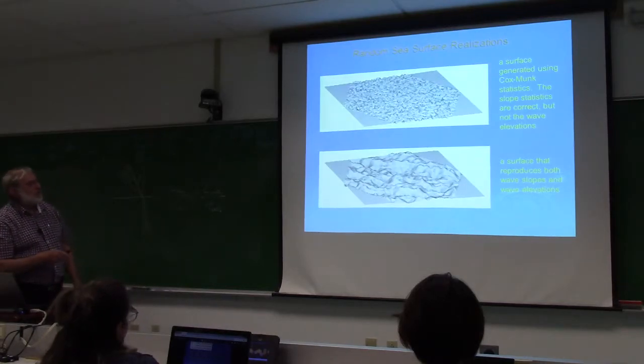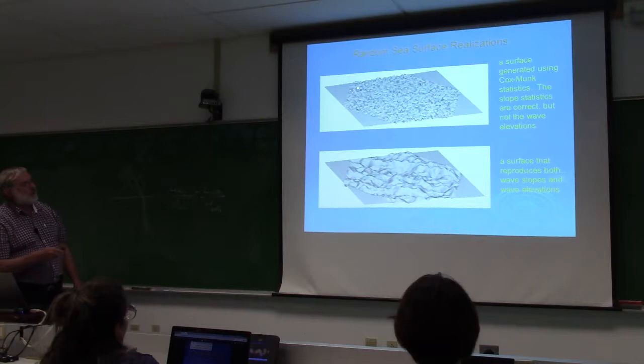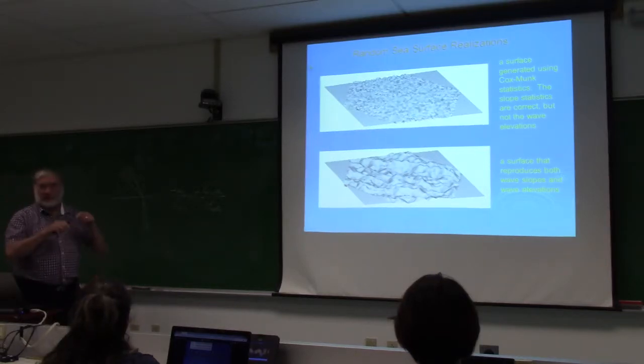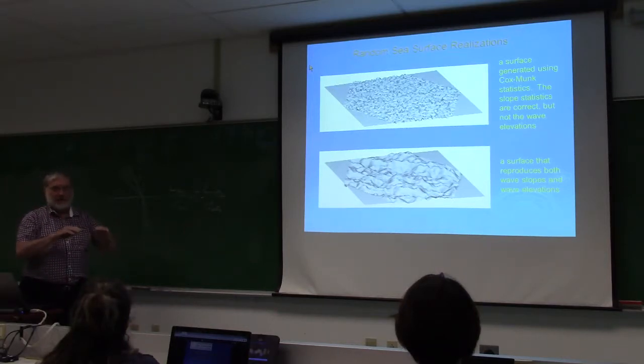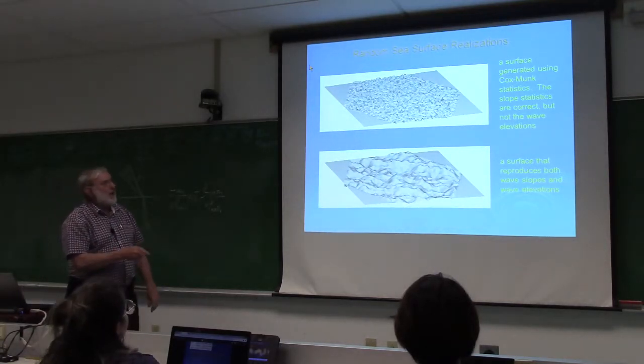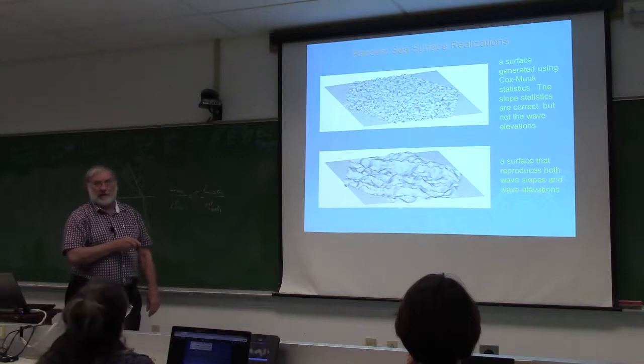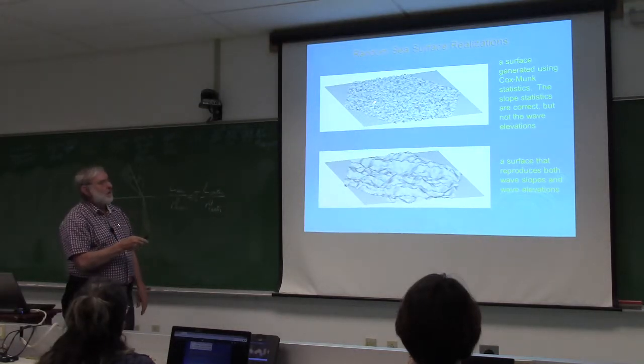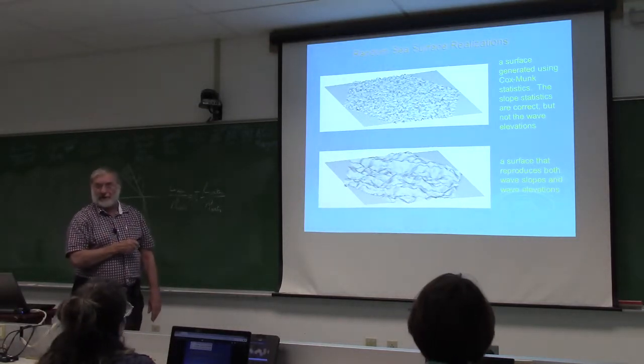So if you take the Cox-Monk equations and you generate, here's a little patch of sea surface, this little hexagon here. You generate a surface here. This has the right slope statistics of the real ocean sea surface, including everything from the biggest gravity waves down to the smallest little capillary waves. And so the optical properties here are pretty good, but it just doesn't look like a real sea surface.